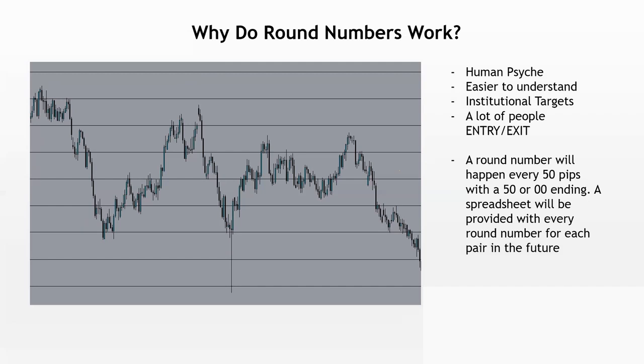And guys, in the future, a spreadsheet will be provided in this community with every round number for every pair. Okay? So I'll just pause for a second here, guys. Based on everything I've just gone over, and like I say, we're only 12 slides. Is there any questions at this moment in time? You can unmute yourself, put it in the chat, whatever you're comfortable with.